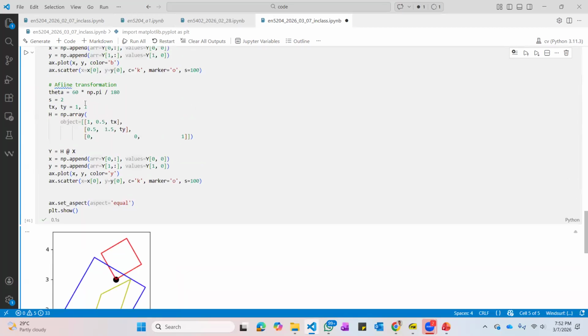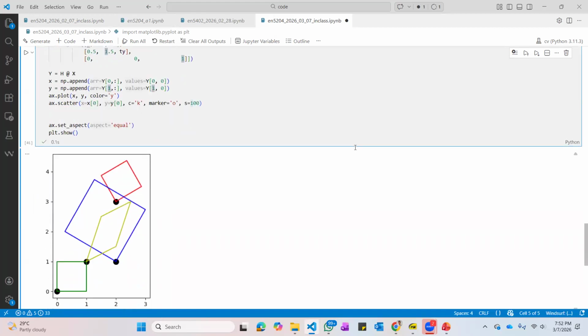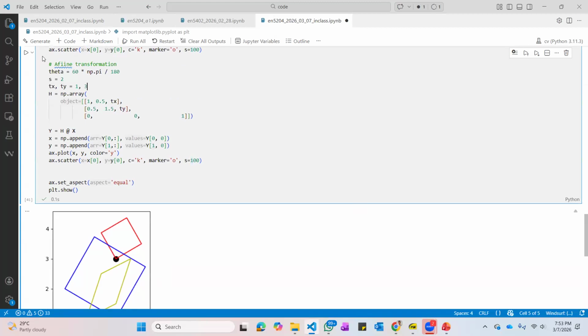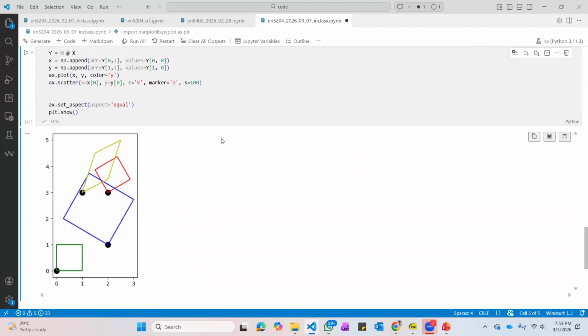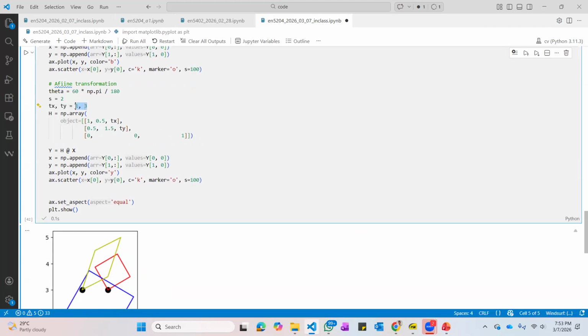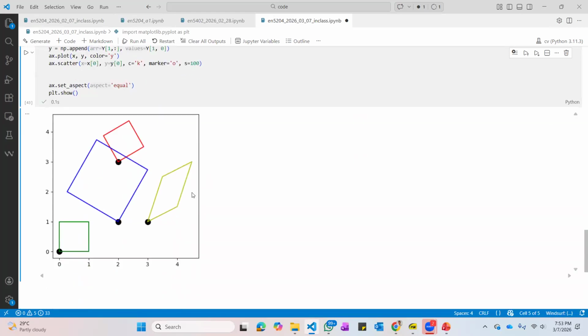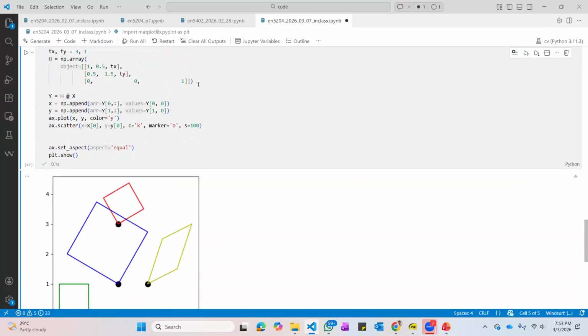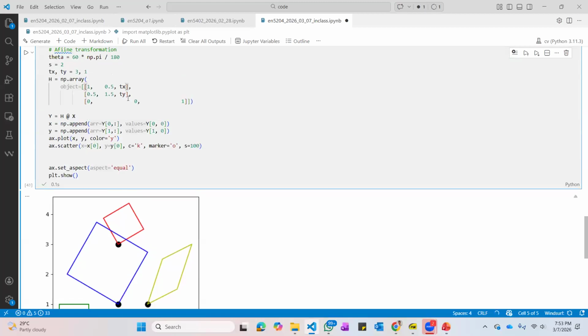We move it a little bit. 3 and 1, fine. But even in the affine one, you can see the last row is actually still 0, 0, 1. It's a very important observation.